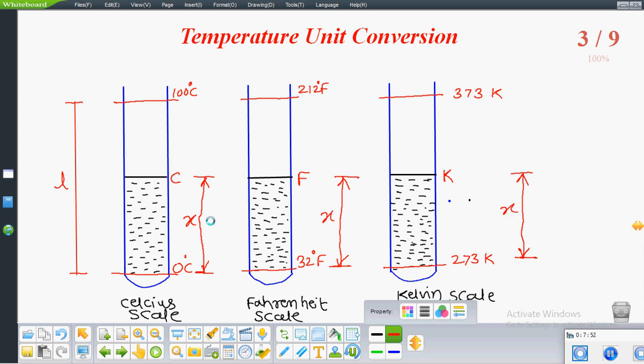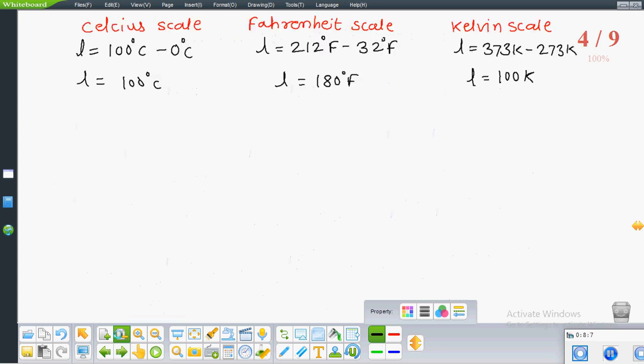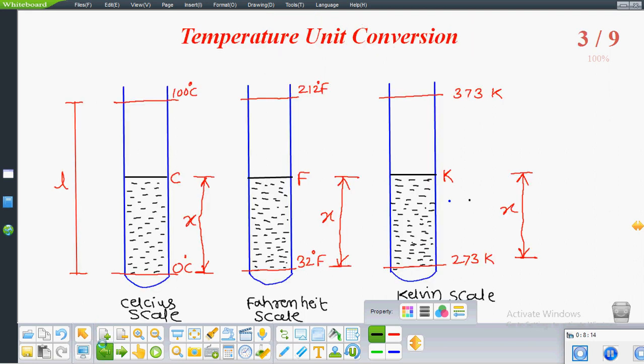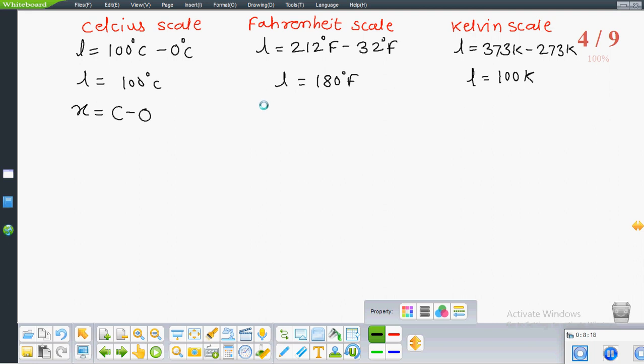So this is constant for the three glass tubes and it will be X. So just take the difference of upper limit minus lower limit. So in the case of the Celsius scale, X equal to C minus 0. In the case of the Fahrenheit scale, it will be X equal to F minus 32.